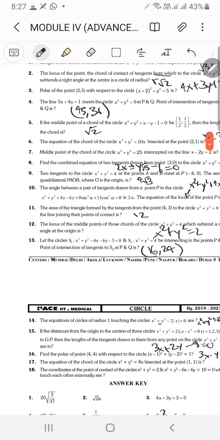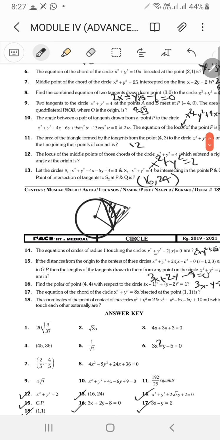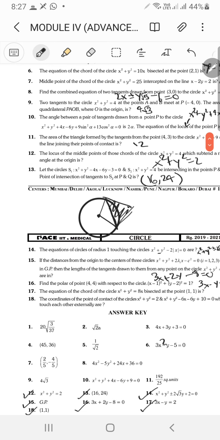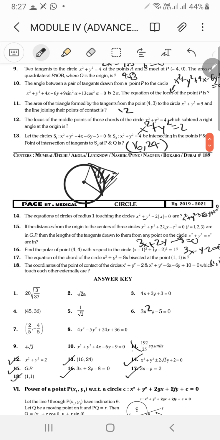So I solved it in a very wrong method. What we found out was the area of the quadrilateral, which was not what we were supposed to find out. We were supposed to find out the other area actually. So we solved the wrong thing, and that's why we got the wrong answer. Okay, so 11th is wrong.